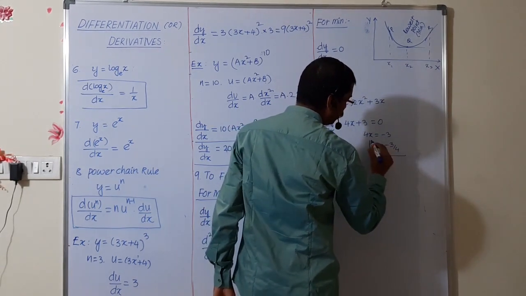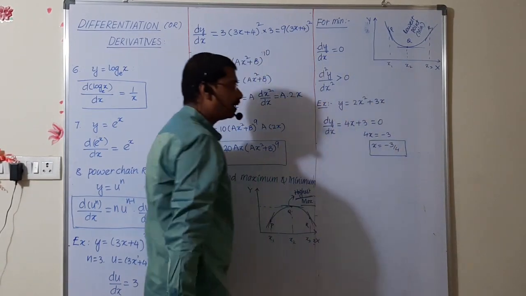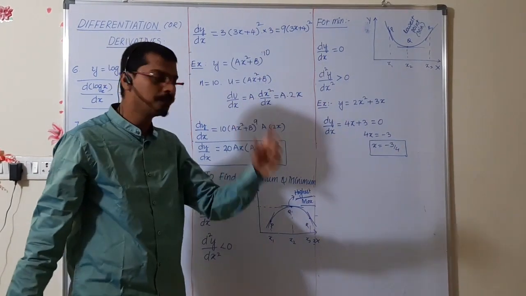It is less than 0. Now what can we take? Less than 0 means it is a maximum value.